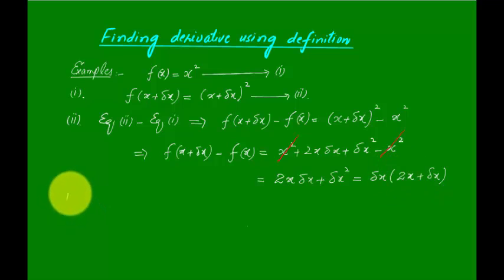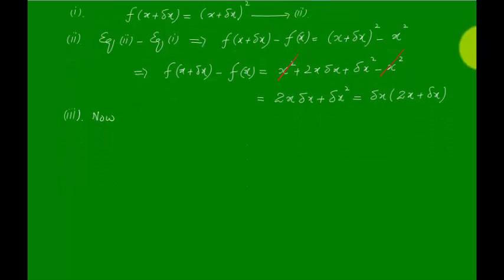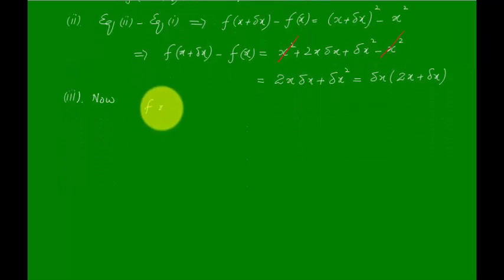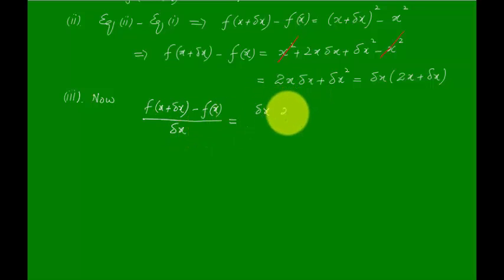Now in the third step we have learned to divide both sides by delta x. So when we divide both sides, we get f of x plus delta x minus f of x divided by delta x is equal to delta x into 2x plus delta x divided by delta x.